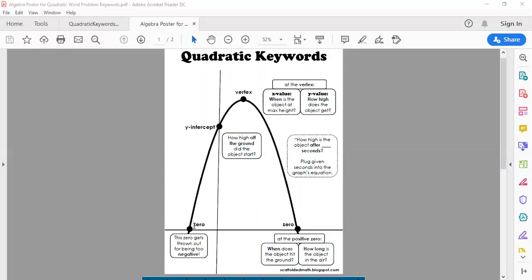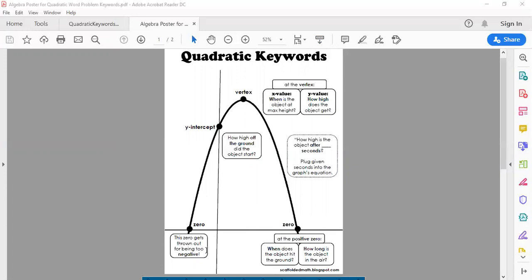And then we have the zeros of the function, or also called the x-intercepts of the function, okay? So your x-intercepts, you're going to have one on the positive side of your x-axis. You may have one on the negative side.